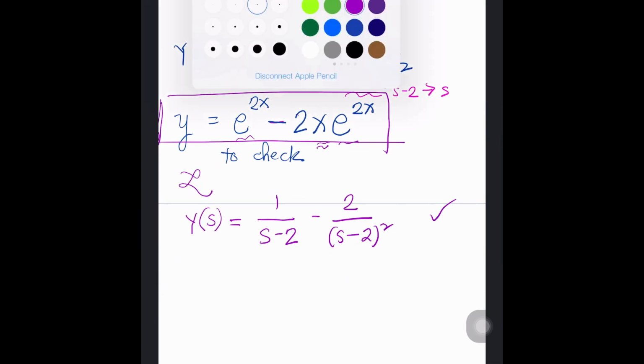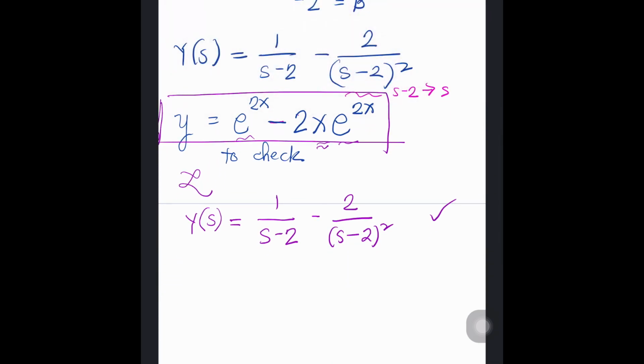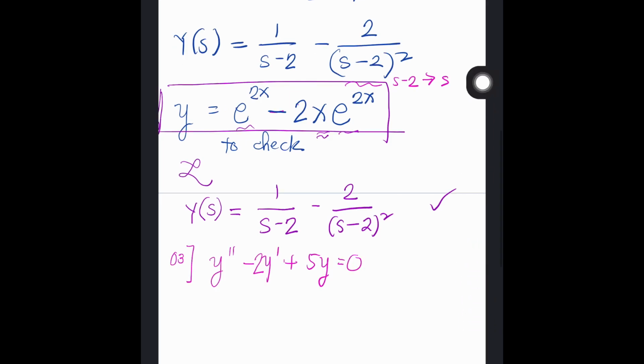Let's use another example. For example, y double prime minus 2y prime plus 5y equals 0. Sorry, I'm thinking out loud for an equation.